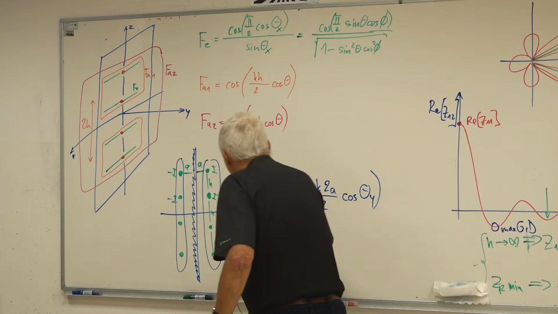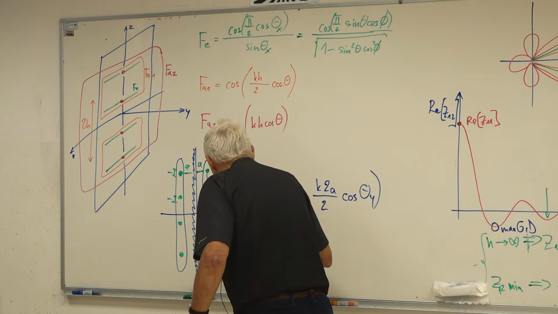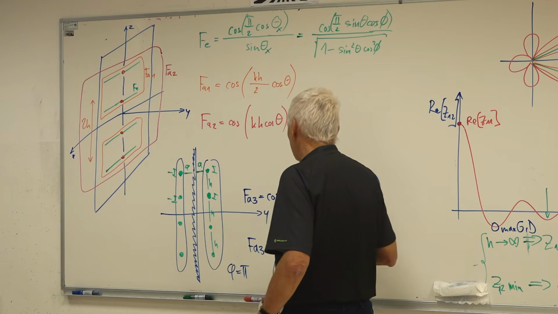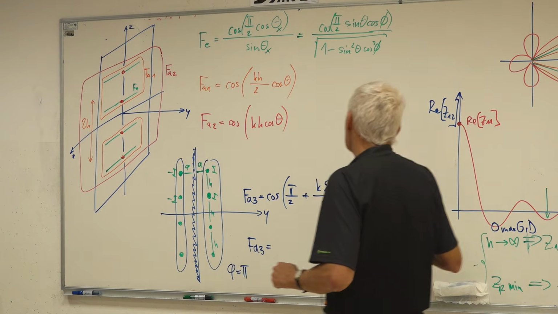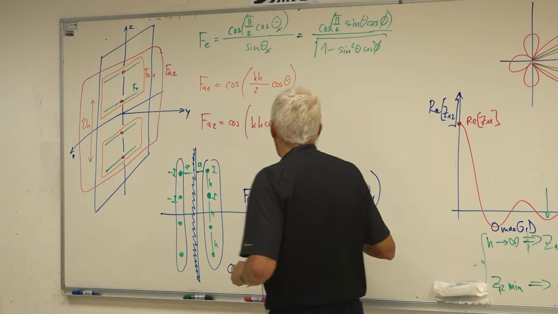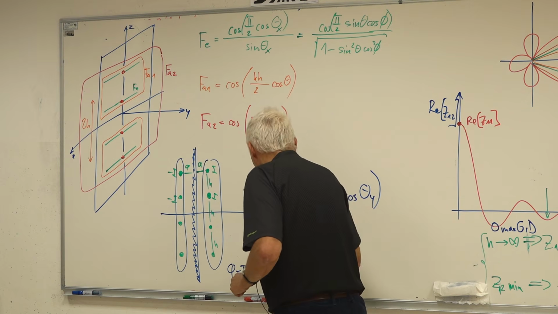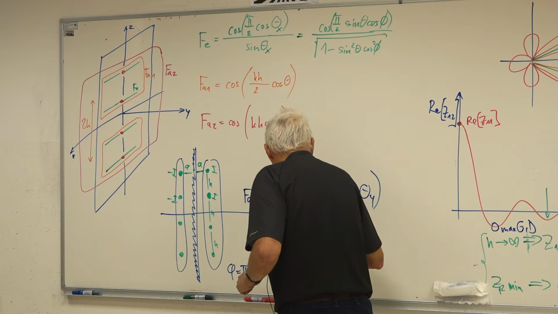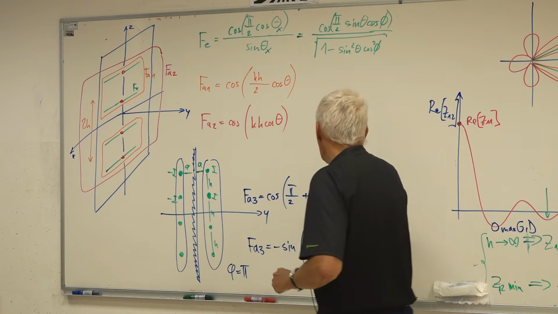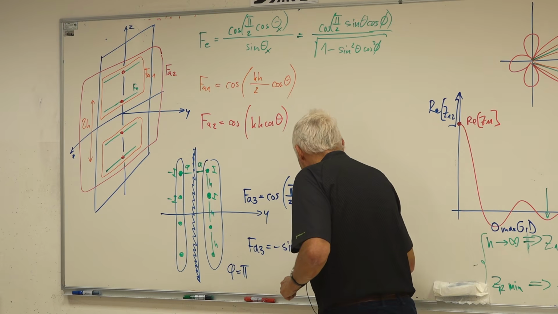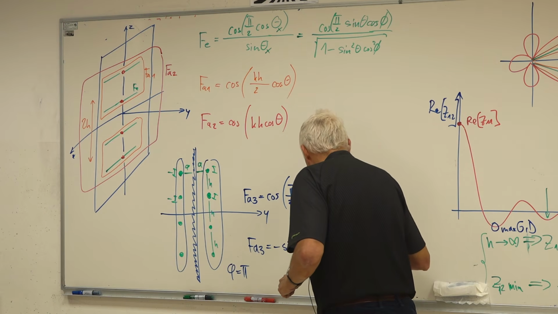So f array 3 is now cosine of pi half plus an argument, which is minus sine. I can also invert the sign because it's just enough that I take the absolute value. So I can write minus sine of ka, 2 cancels out. Cosine of theta y is sine theta sine phi.